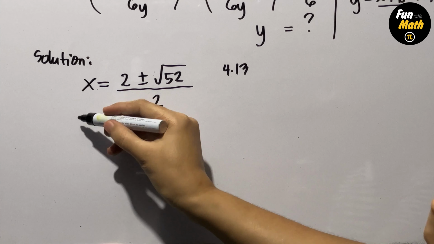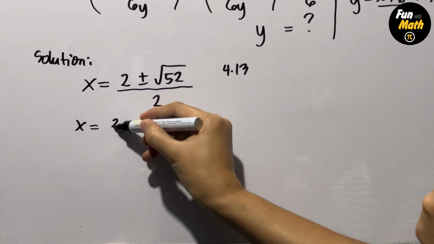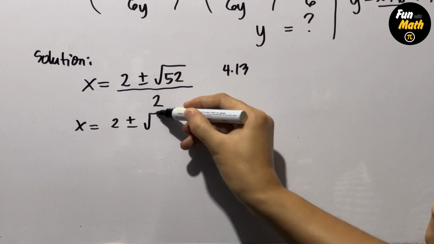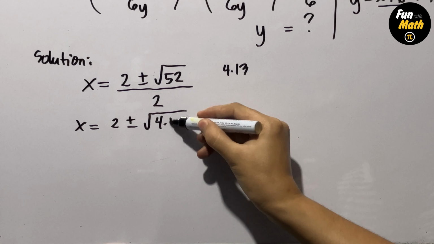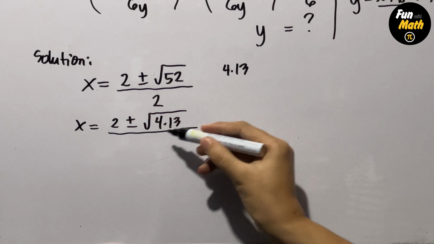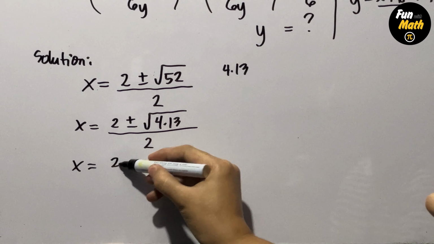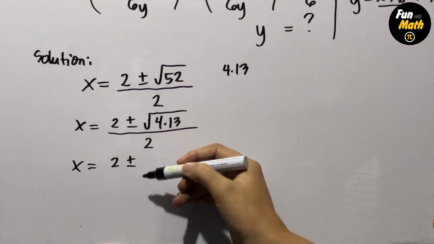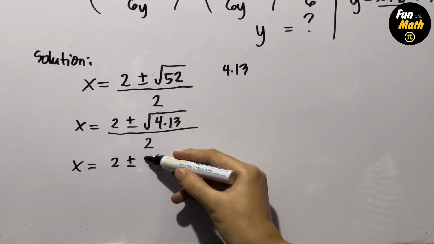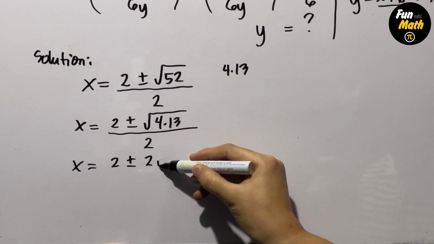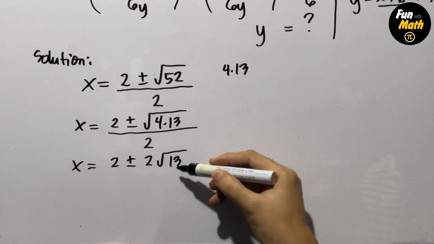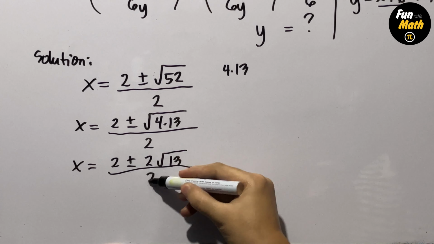So to write, this is now x is equal to 2 positive negative square root of 4 times 13, all over 2. And this is x is equal to 2 positive negative square root of 4, that is 2, then square root of 13, all over 2.